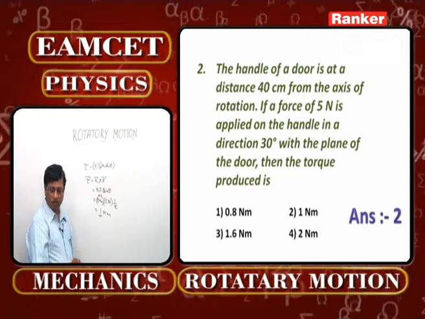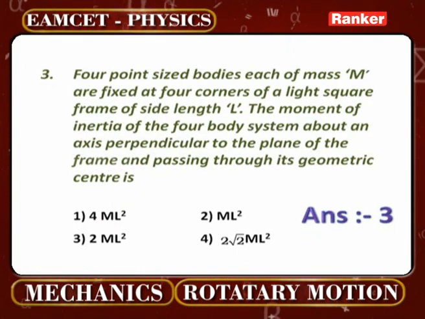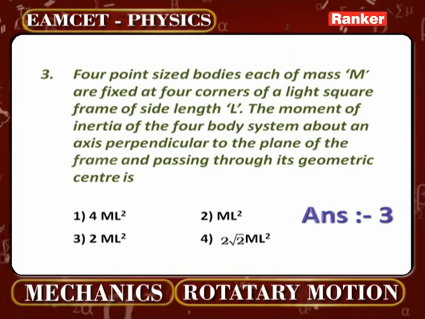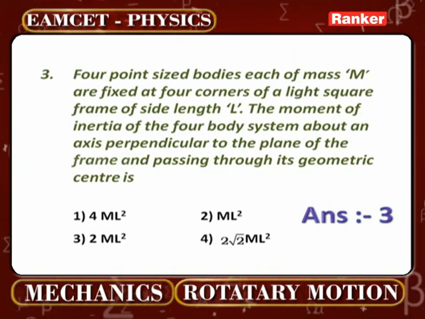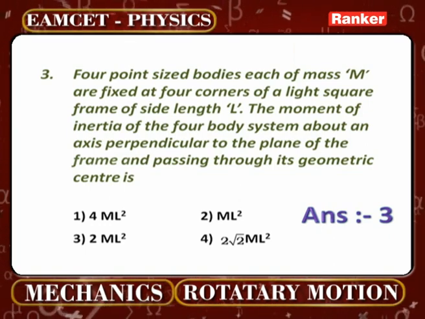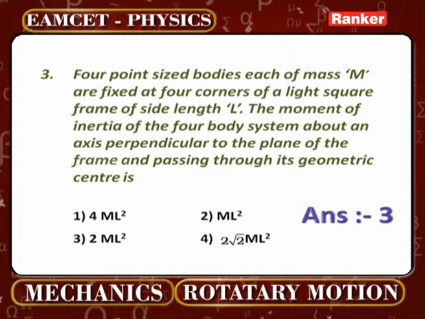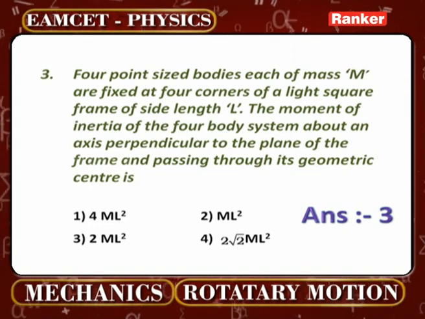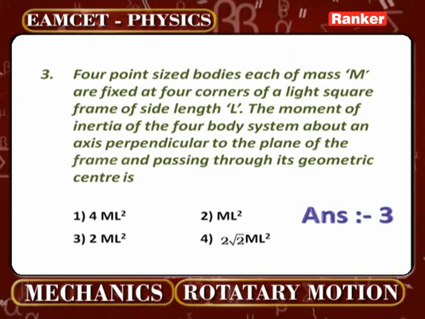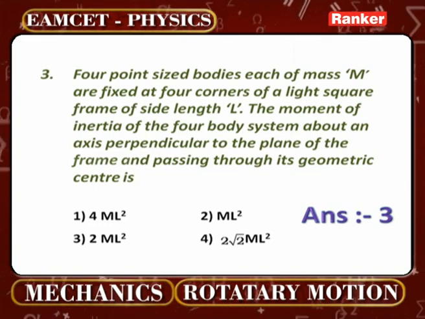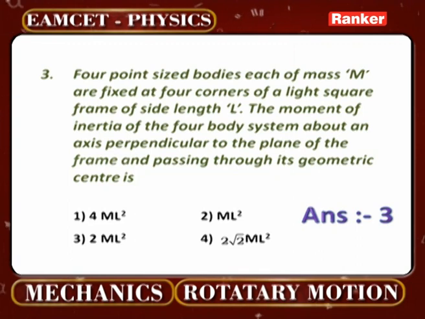Now if you look at the next question over here, that is problem number 3. 4 point-sized bodies, each of mass m, are fixed at 4 corners of a light square frame of side length L. The moment of inertia of the 4-body system about an axis perpendicular to the plane of the frame passing through its geometric center.